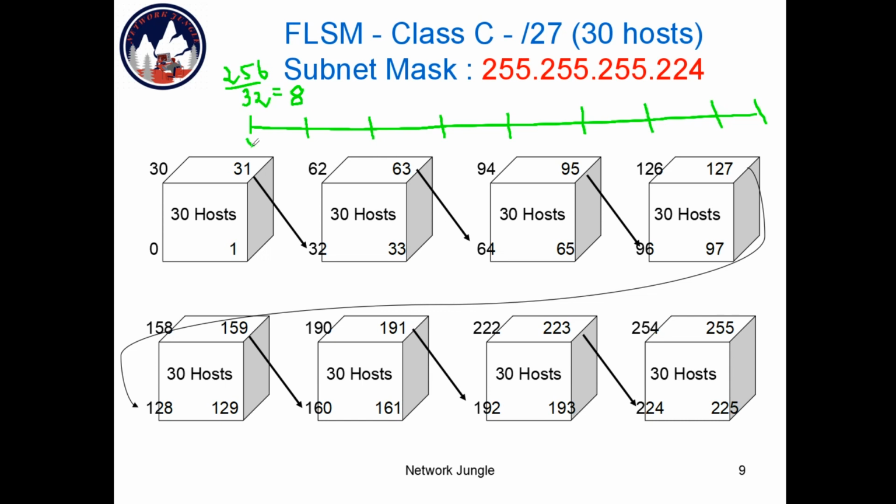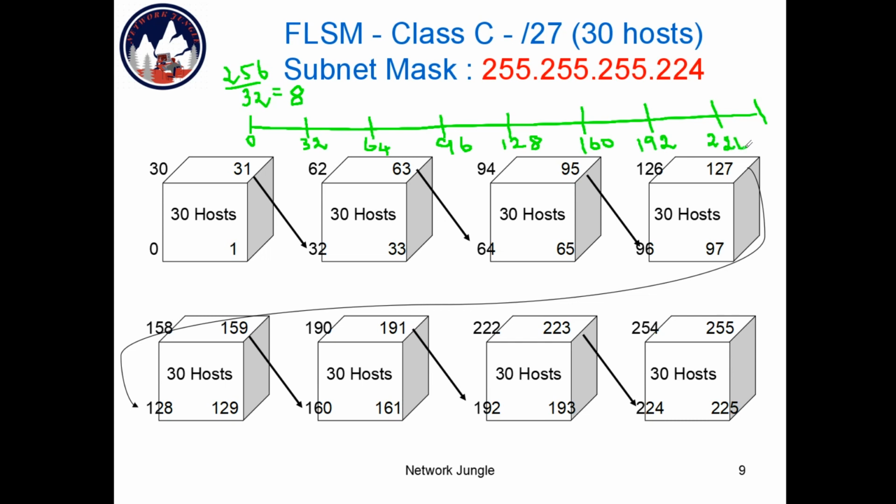You can write 0, then 32, 32 plus 32 is 64, 64 plus 32 is 96, 96 plus 32 is 128, 128 plus 32 is 160, 160 plus 32 is 192, then 192 plus 32 is 224.